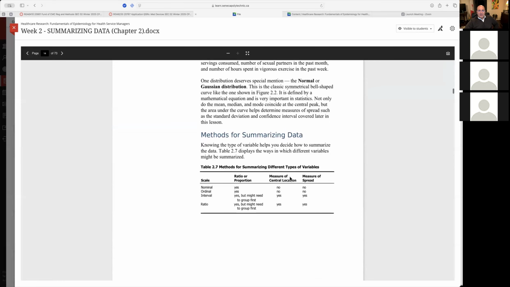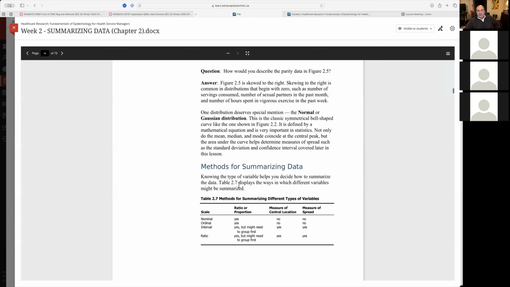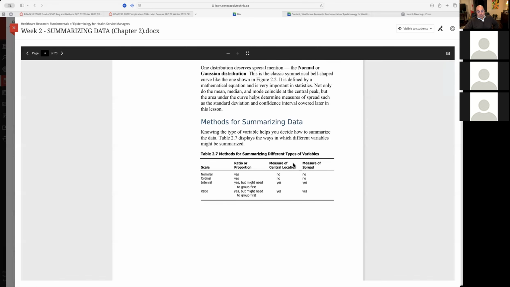Perfect. So now we have looked into the methods for summarizing the data. We can have different scales for the data that we have. We have quantitative and qualitative data. Now we can have these different scales like nominal, ordinal, interval, or ratio. And in this case, we can now see if we need to measure the central location.